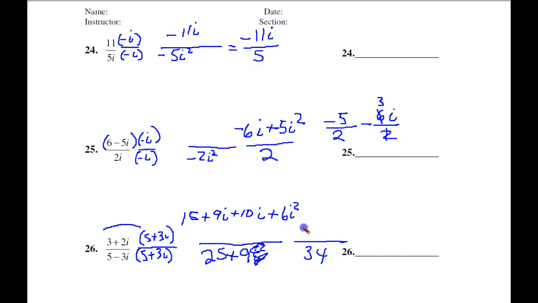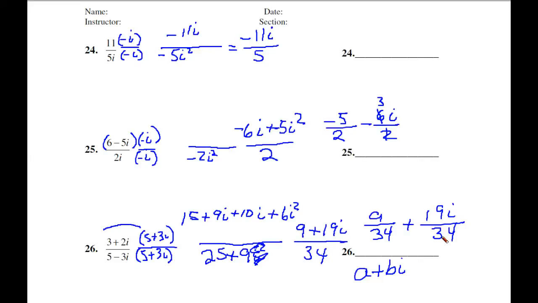And that gives me a 9. And I'm going to group these two together. Plus 19i. Again, if you put that in MyMathLab, they're probably going to count it wrong. You need to separate it to put it in the a plus bi form. So that's 9 over 34 plus 19i over 34.